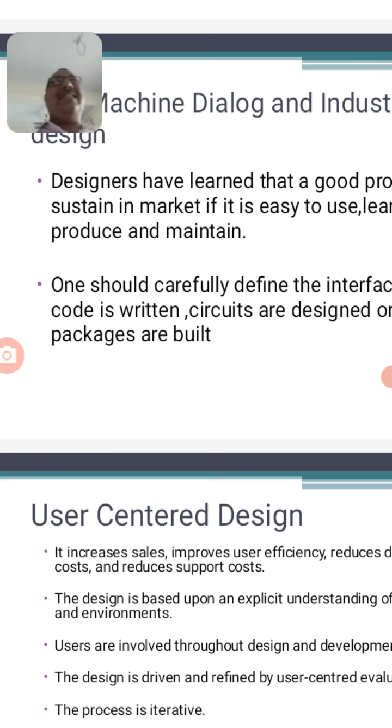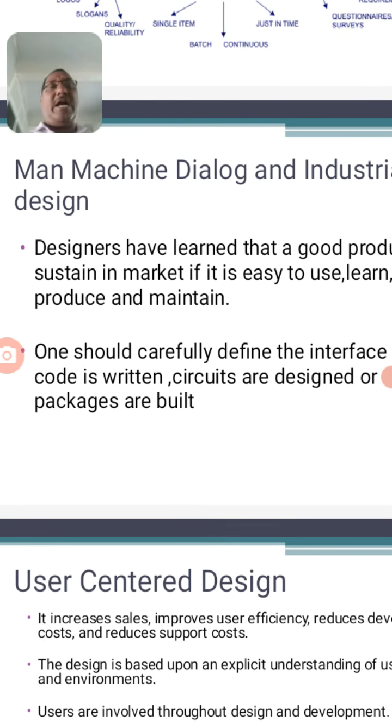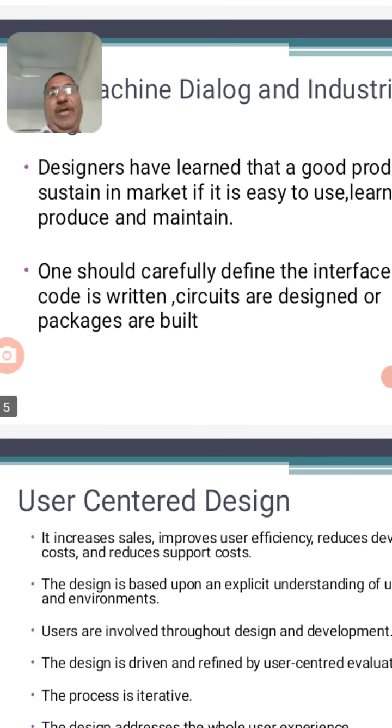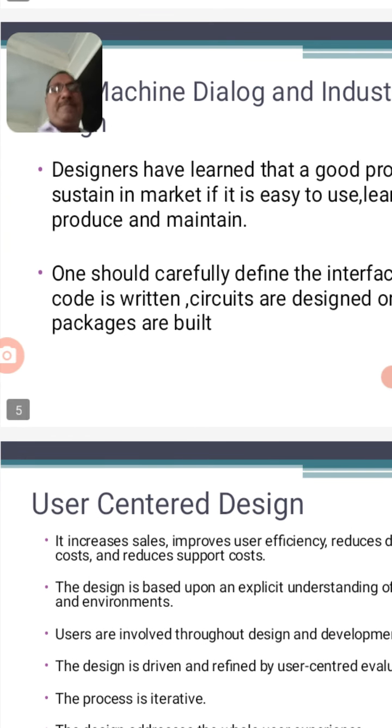He will not understand how to use it. So you have to make a proper keypad for utilization of this product. The code is written by an engineer, but how will an illiterate person use that code? He will not use that code, and that's why man machine dialogue and industrial design plays a very important role while designing a particular product.